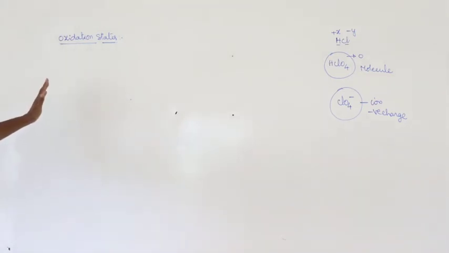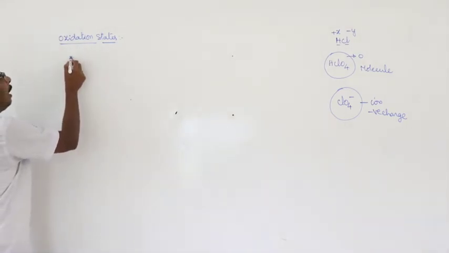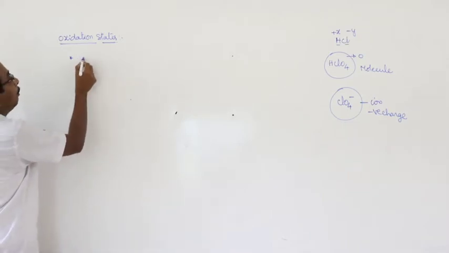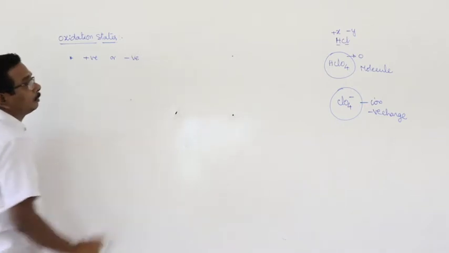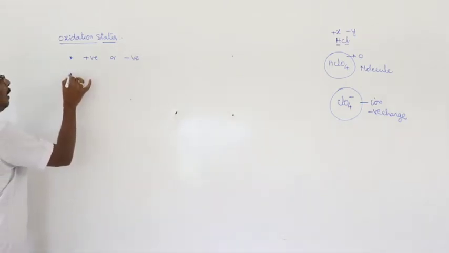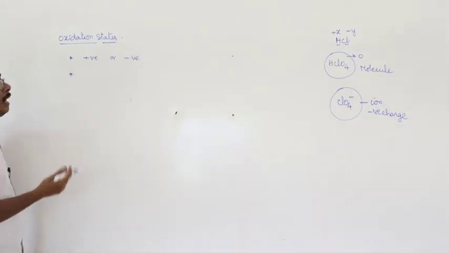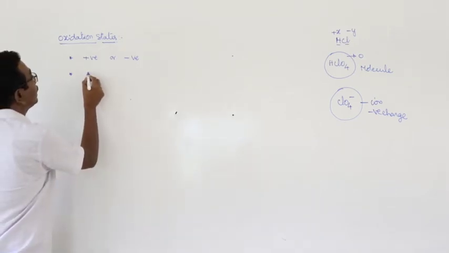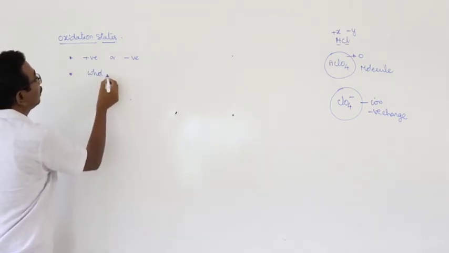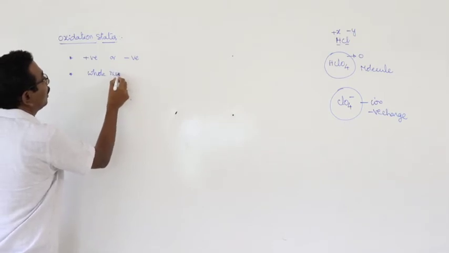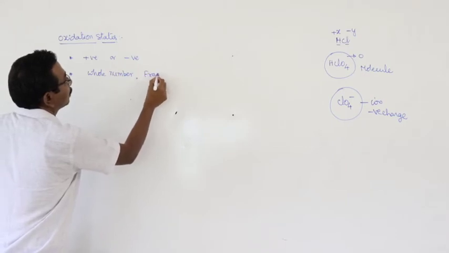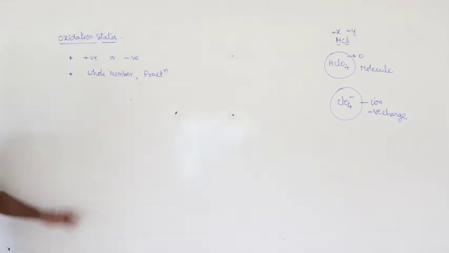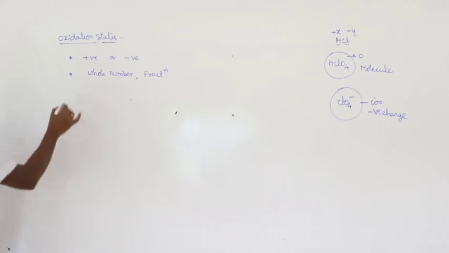Here the oxidation state of an atom may be positive or negative. And the oxidation state of an atom may be a whole number or in fractions. That may be a whole number or fractions.